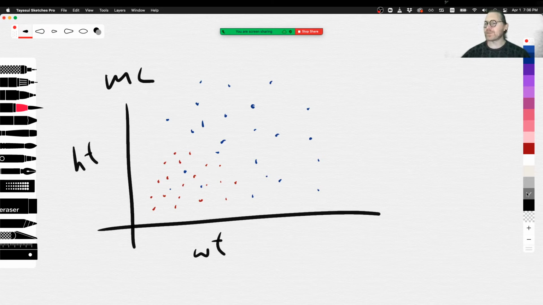But it's possible that there is an algorithm out there that will do one of a couple things. Maybe it'll draw some very linear line, and we're going to get it wrong on some predictions. If we get a new dog right there, and we try to predict on that dog, we're going to get it wrong.